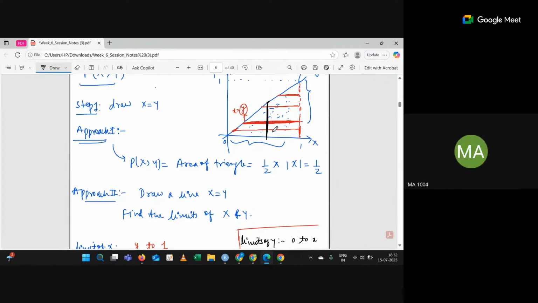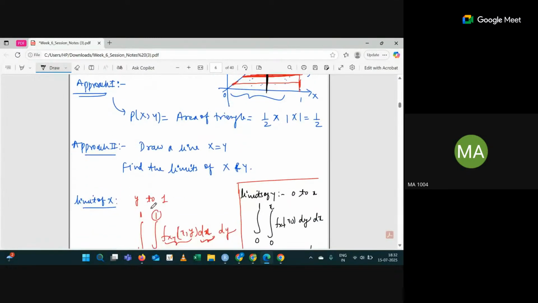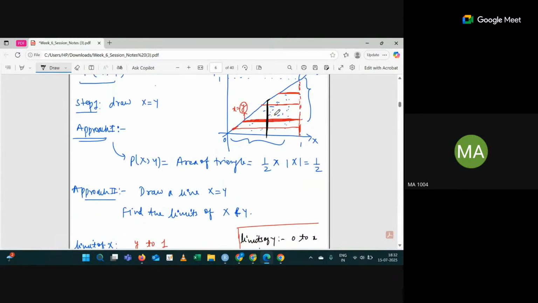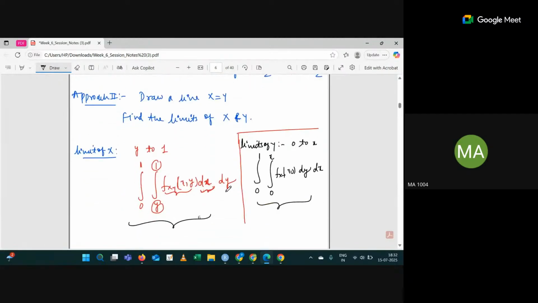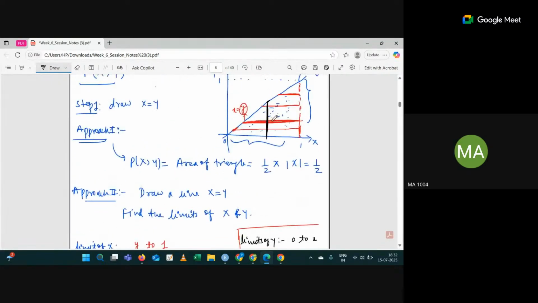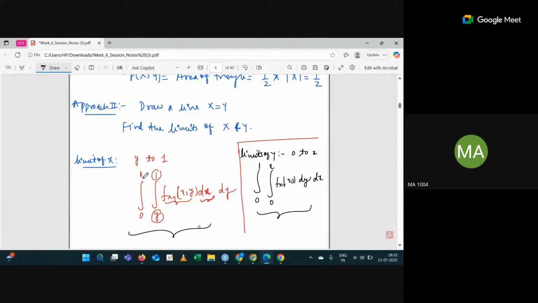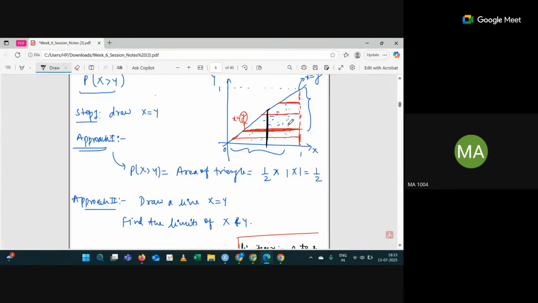Y to 1. So I took the limit of x as y to 1, and when you are taking y to 1, your variable y is free. There is no restriction on y, so I will take the limit of y as 0 to 1. Yes or no? I can draw this red line anywhere, correct? And y is 0 to 1 only.